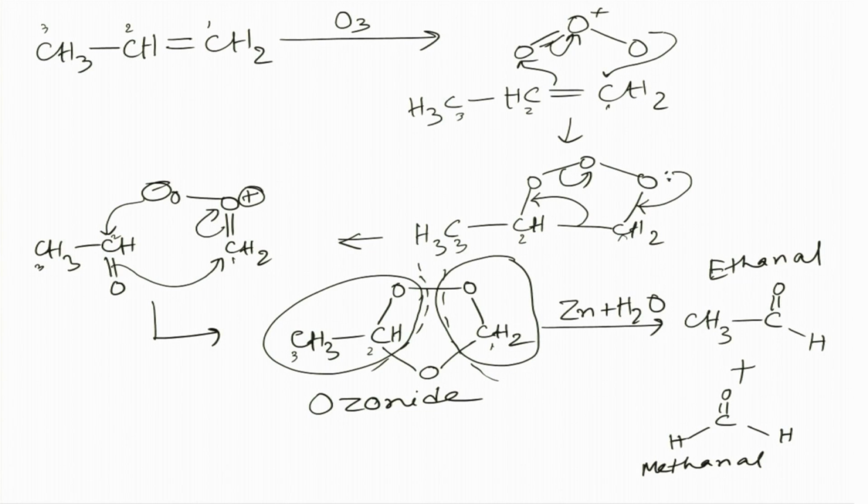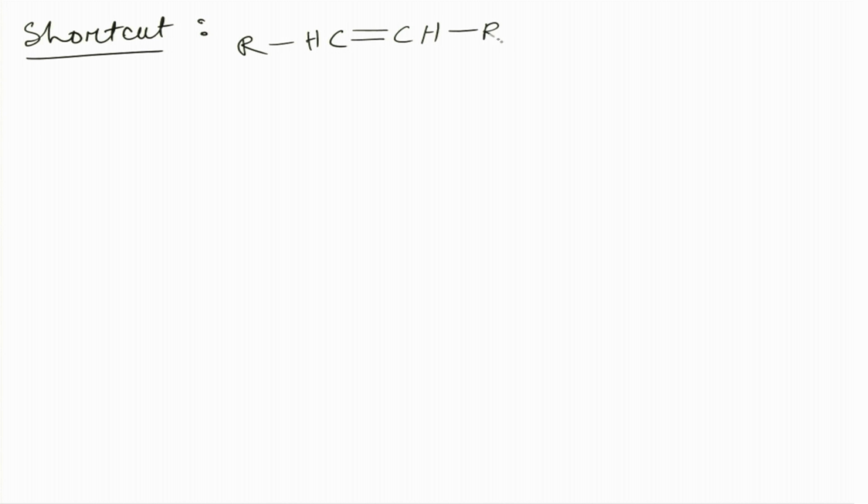Now there is one shortcut to write the ozonolysis reactions. Let's say this is the double bond between two carbons.